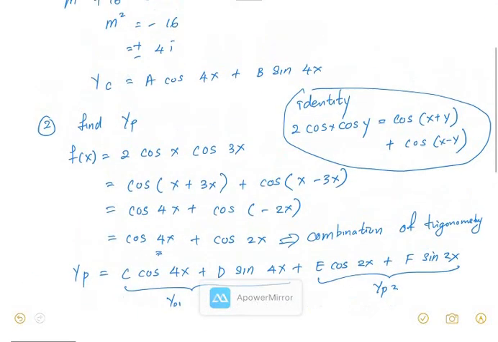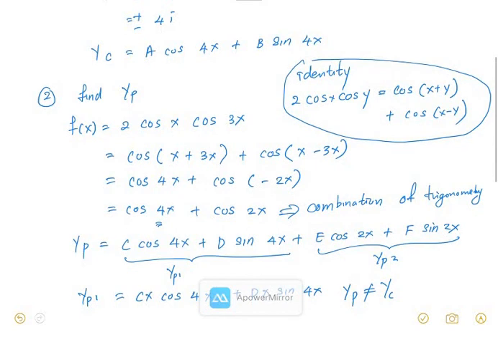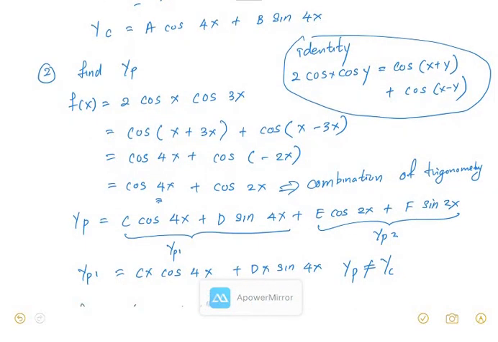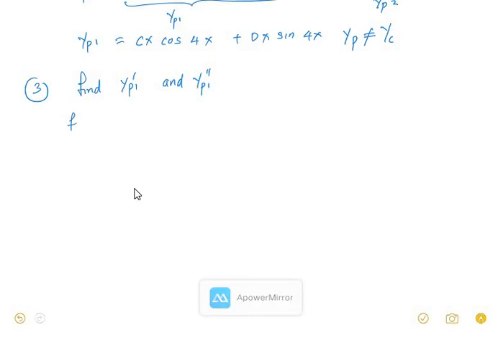Okay, just now we have the fx. Where's the fx? Okay, in fx you have cos 4x and cos 2x. So we solve for cos 4x, so this is for fx equal to cos 4x.